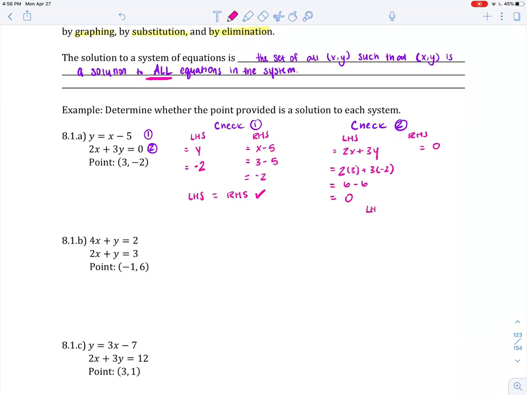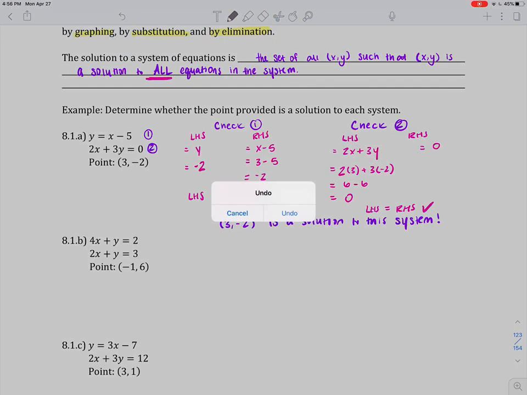On my right-hand side, I just get 0. My left-hand side does, in fact, equal my right-hand side. And since those are all of the equations in my linear system, the point (3, -2) is a solution to this system.